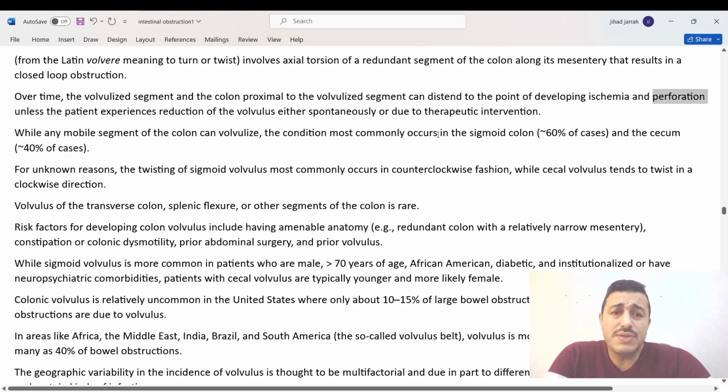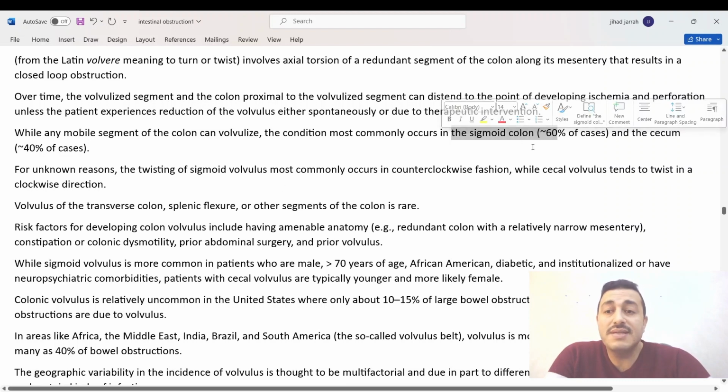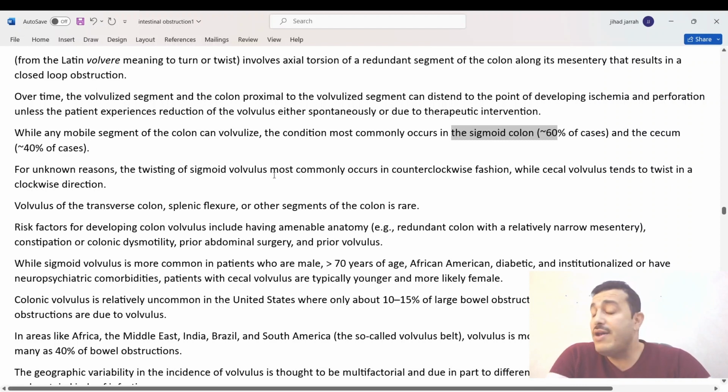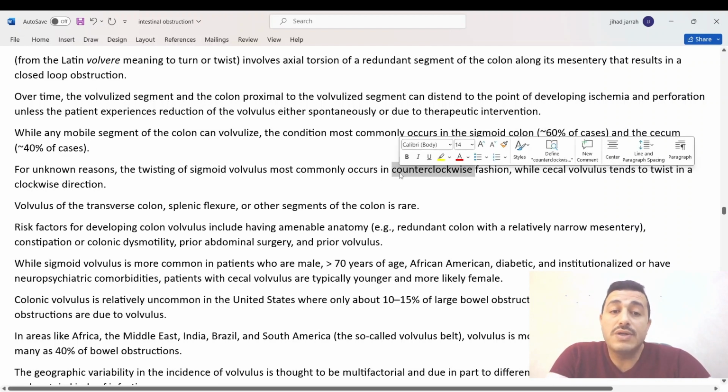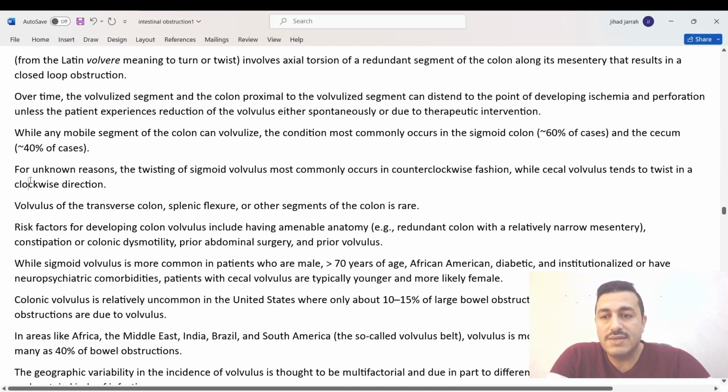We said the most common site is the sigmoid, 60%, and the cecum, 40%. The difference between the sigmoid and the cecum is actually in two main things. First of all, the sigmoid volvulus occurs for unknown reason in a counterclockwise fashion, whereas the cecal volvulus happens in a clockwise fashion.